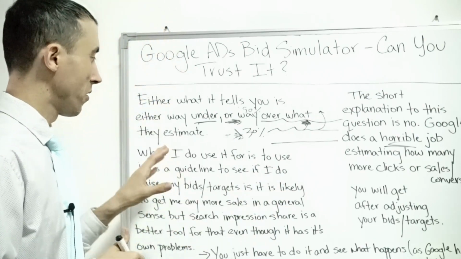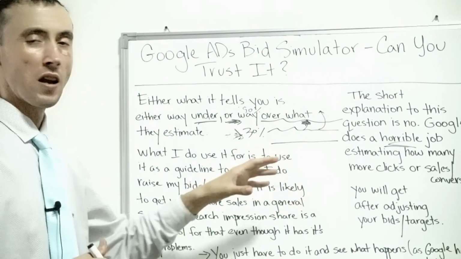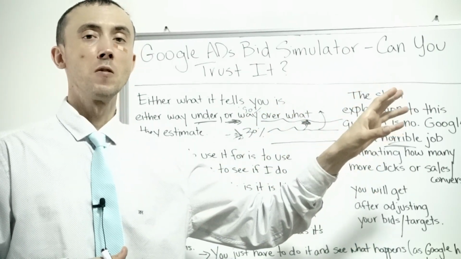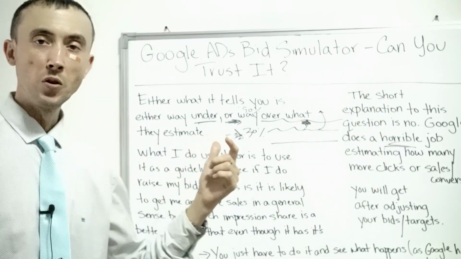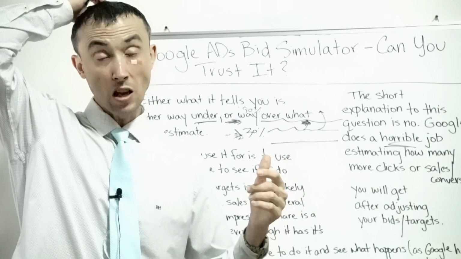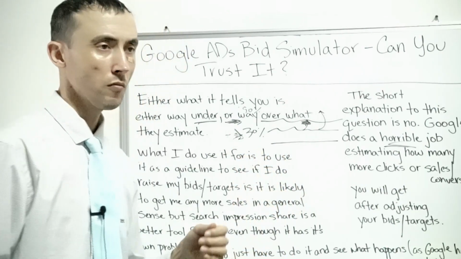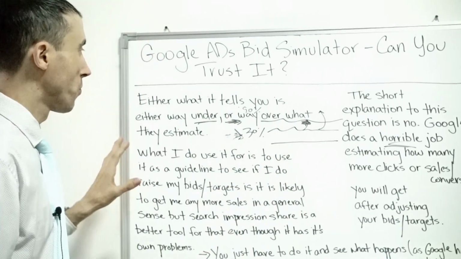So the bid simulator, in summary, is not a great tool for figuring out what will happen for your business if you raise your bids, raise your CPA targets, or lower your ROAS targets, how many more clicks and sales you would get, and how much more profit you would get at the end of the day.